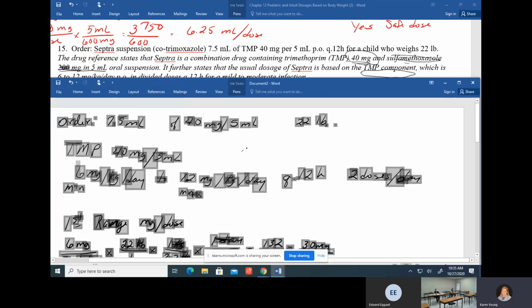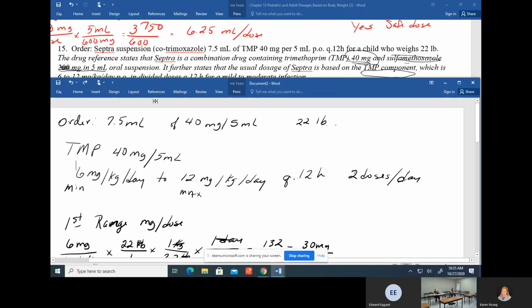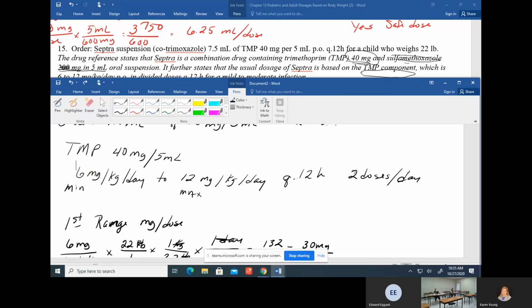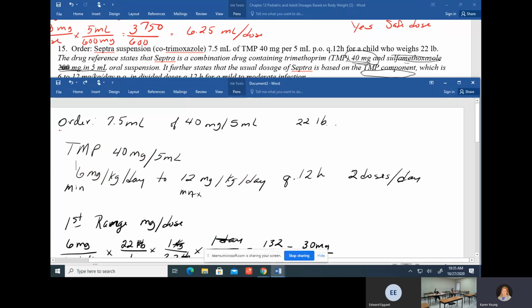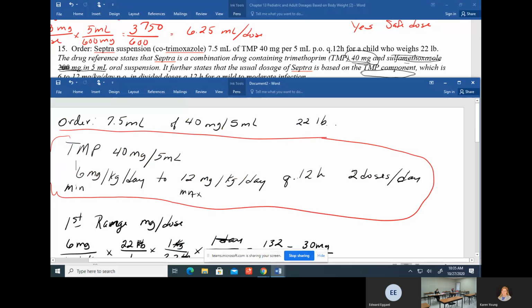I've got my order up here as my first line, and then my drug reference is all this. You may want to separate it out so you're not looking back at the problem every time.